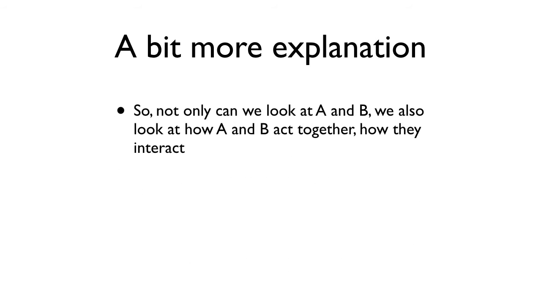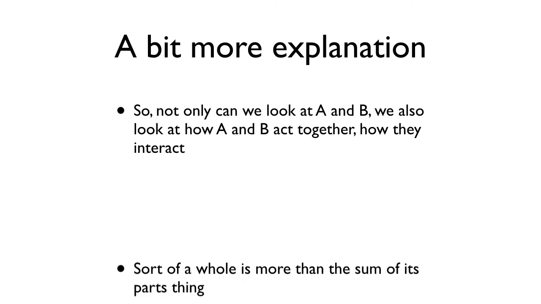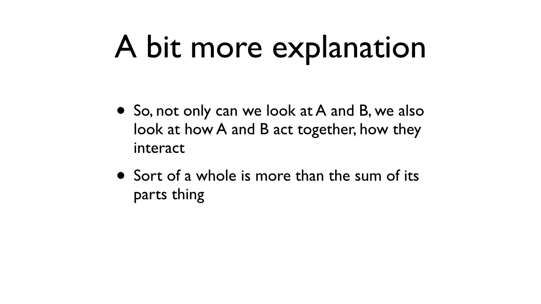So, not only can we look at the effects of A and B on their own, because this is going to isolate the effect of A and ignore the effect of B. The math will do that. It's going to isolate the effect of B and ignore the effect of A. So those are great. But we also look at how they act together or how they interact. Sort of a whole is more than the sum of its parts thing.